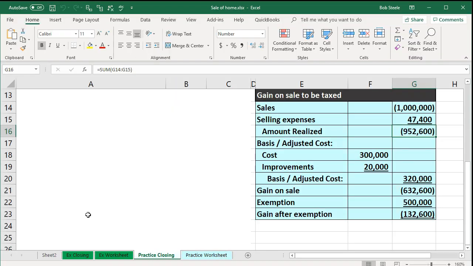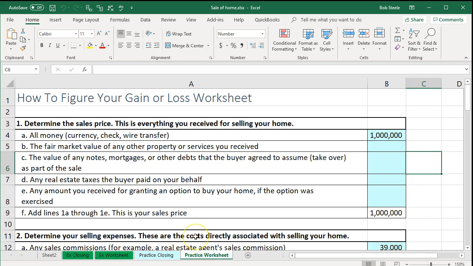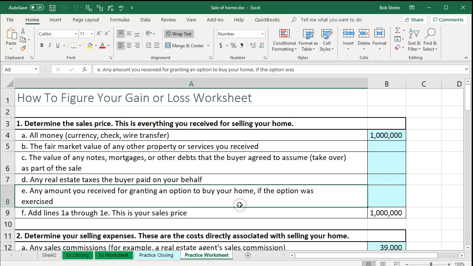In prior presentations, we took a look at an example problem which did calculate the amount realized and the adjusted basis and subtracted those two to get to our gain on sale. So you might want to refer back to that as we go through the components here. We also know that there's a worksheet in Publication 523, which will go through a similar type of calculation, in more of a long format.